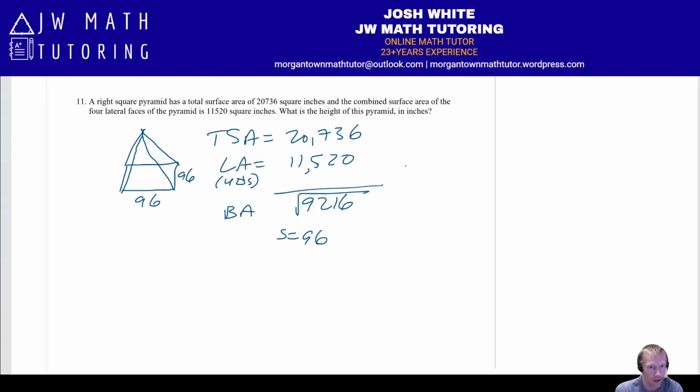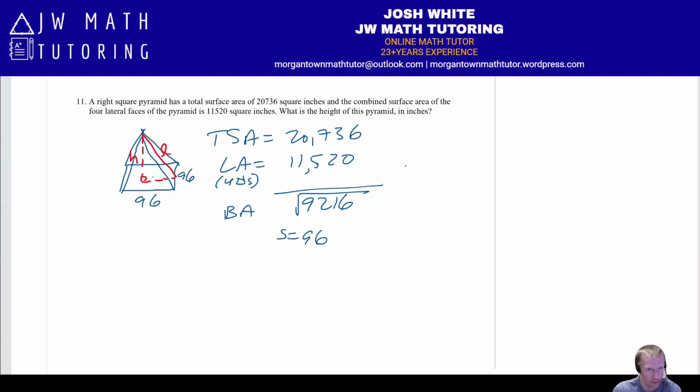All right. In order to find the height, so the height is coming down here. Okay, so we have the height, and then basically we will also need to find the slant height. Because we're going to make a right triangle with the height, the slant height, which is technically the height of one of the triangular faces, and also half of one of the sides of the base.